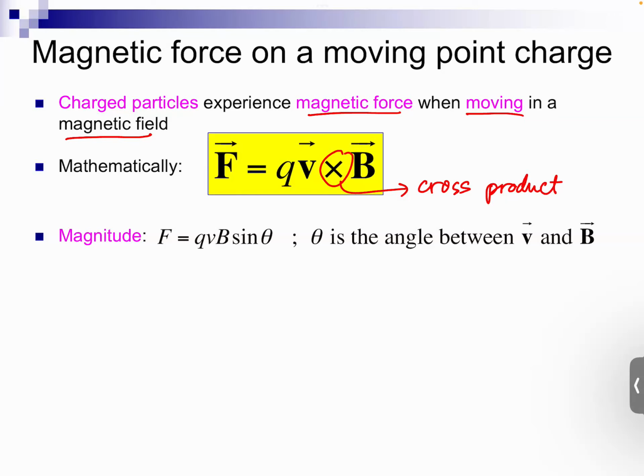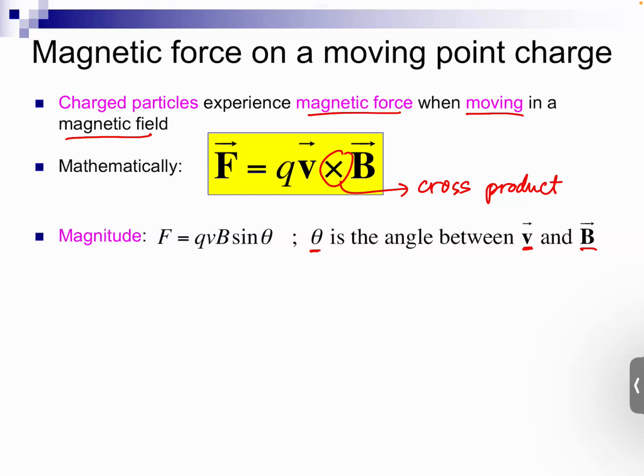So the way to work this equation out is first get the magnitude of the force. You can calculate the magnitude of the force by expanding the definition of the cross product. The cross product is defined by a sine theta function. So the force is therefore equal to Q times v, where v now is the speed, the scalar counterpart of velocity, times the magnetic field magnitude and sine theta, where theta is the angle between the two vectors that are being crossed.